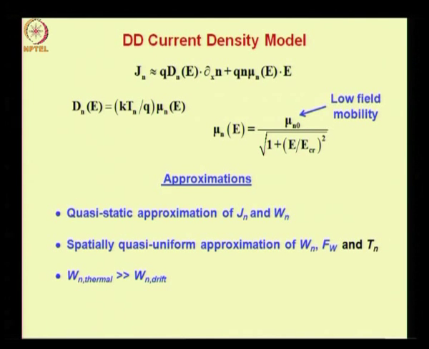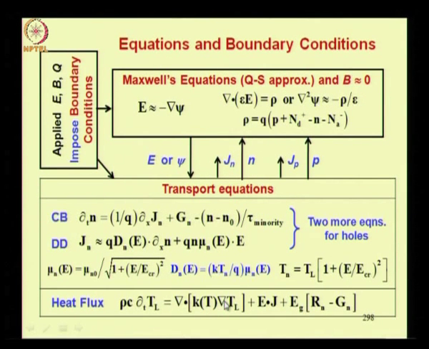The drift diffusion thermoelectric current equation can be further simplified to get the drift diffusion current density model, and the approximations here were the quasi-static approximation for Jn and Wn, the spatially quasi-uniform approximation of Wn, Fw, and Tn, and thermal energy much more than drift energy. Now, this is how the drift diffusion model looks, and this is the model that we will be using throughout our course.